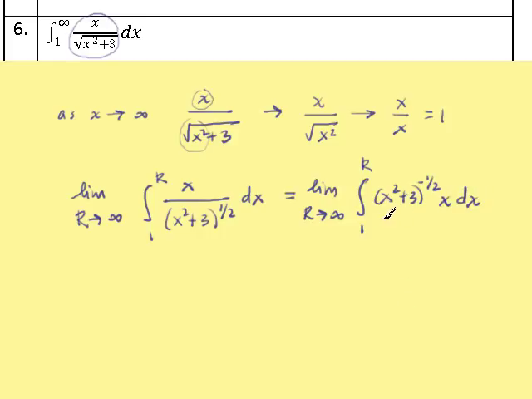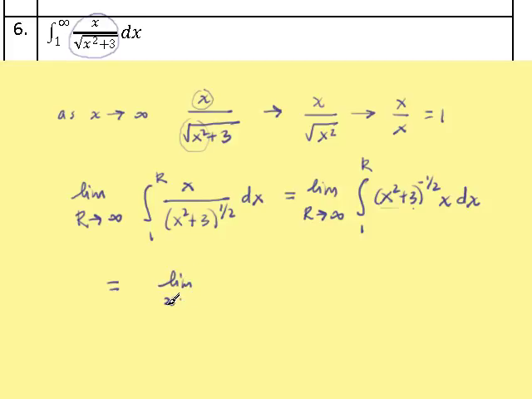Like I said, we have x dx here, but we're missing the 2, since the derivative of the inside is 2x dx. So we're going to put a 1/2 out in front.